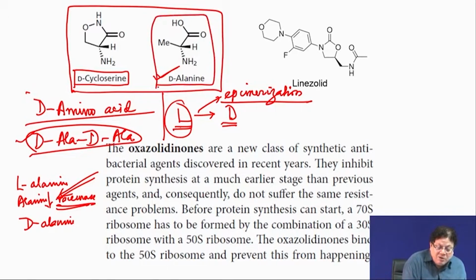D-cycloserine resembles alanine very much: instead of the methyl you have CH2 here. The configuration is okay. This is carbonyl, instead of which you have nitrogen, and then that is connected via this oxazole ring, NO. So, basically it resembles D-alanine.